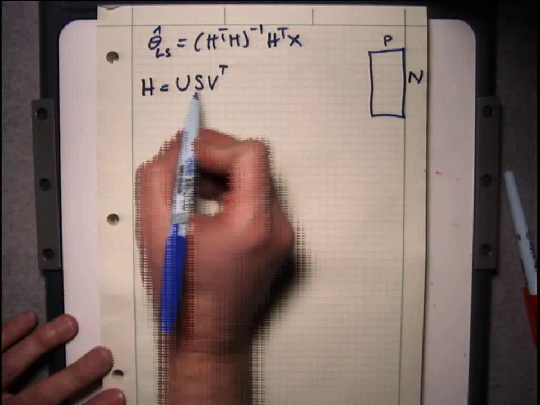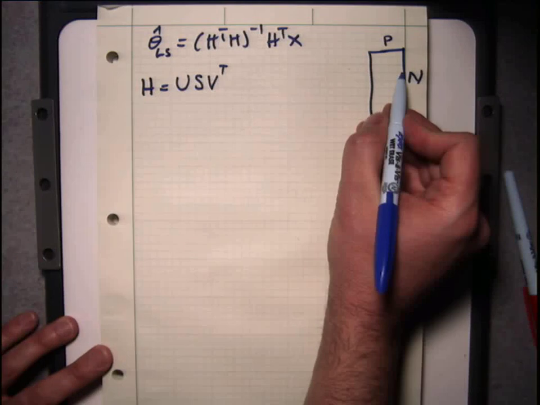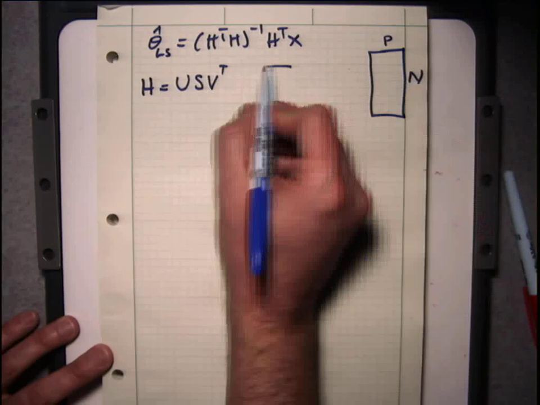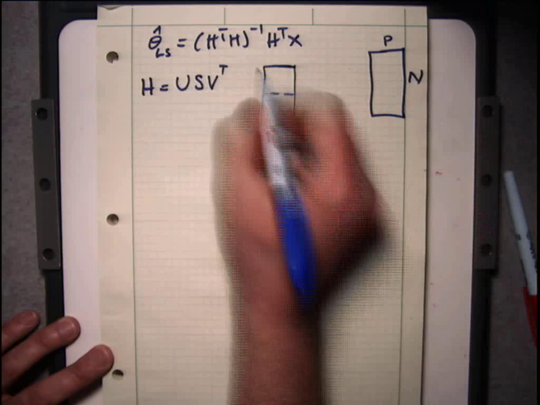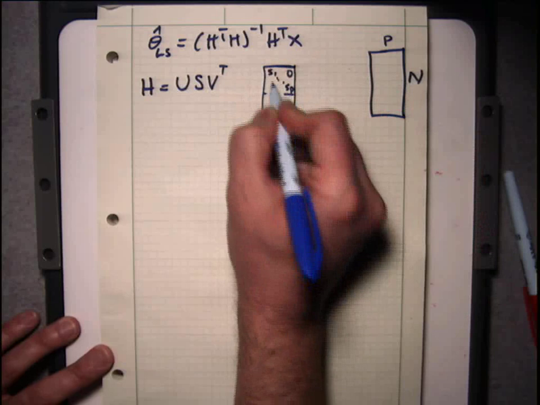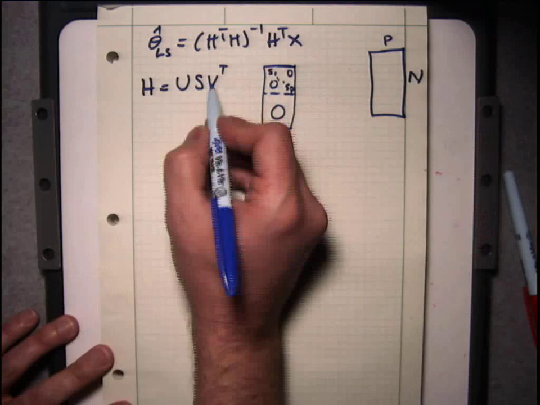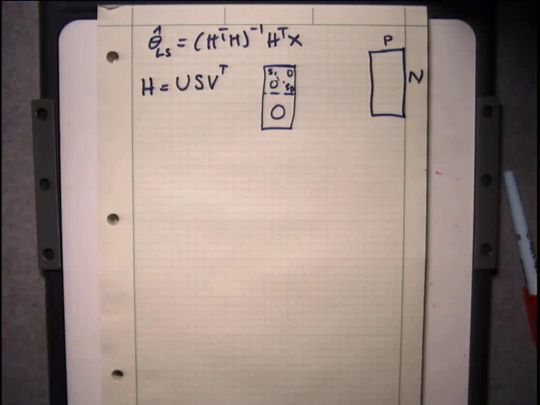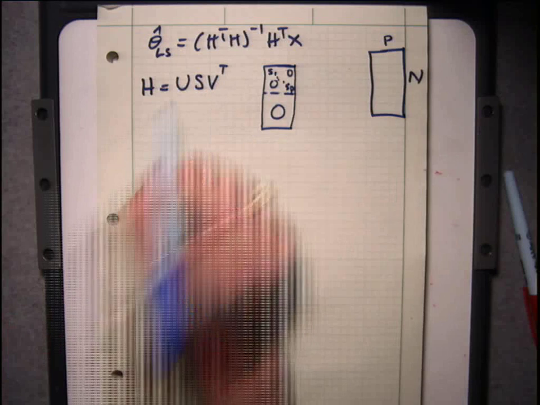And this S is the same shape as this guy. And what it's going to look like is there's going to be a square component here, S1 through SP with zeros, and then zeros here. And then V and U are both orthogonal matrices, but of different sizes. So V is P by P, and U is N by N.